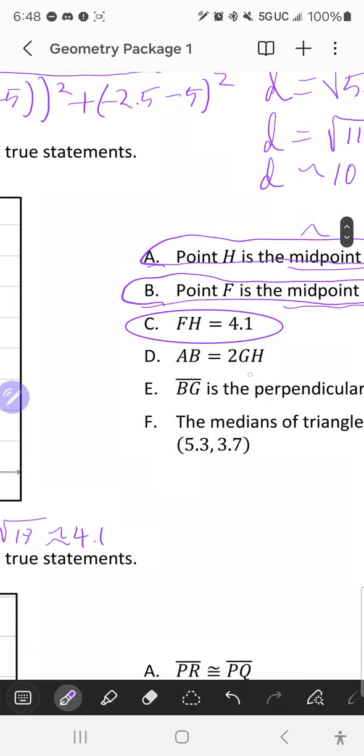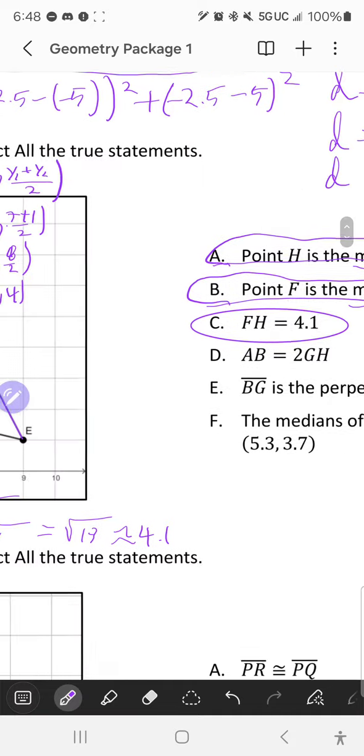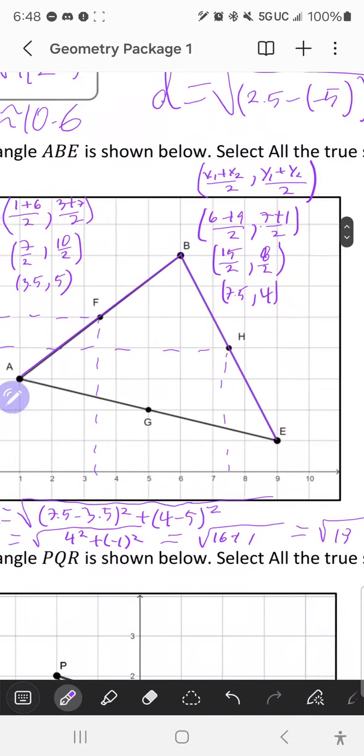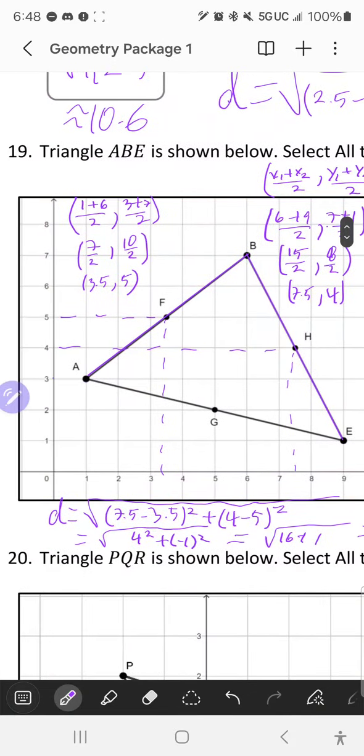Now, AB is equal to GH. For this one, we need to calculate both the length of AB and the length of GH. So the length of AB is going to be using the distance formula.